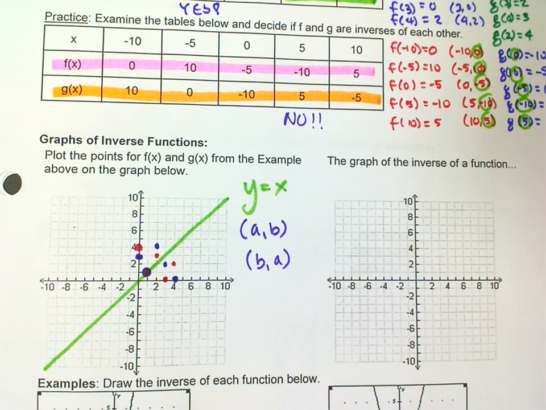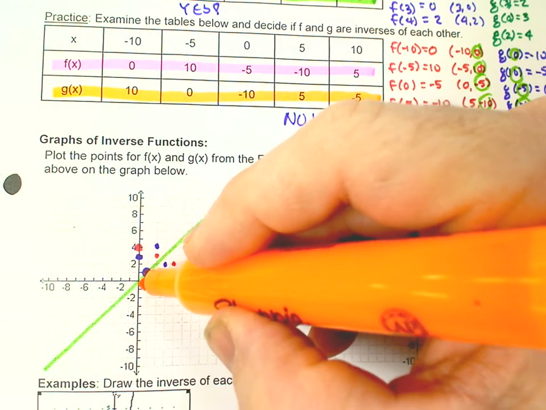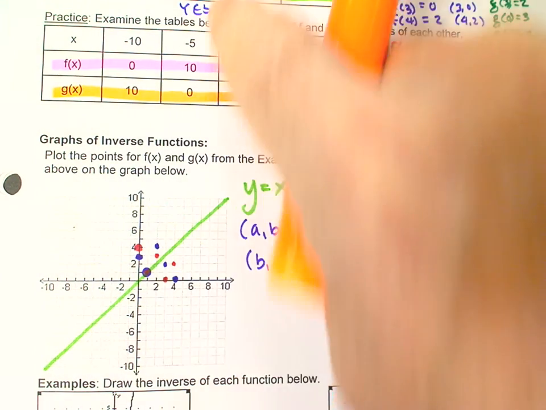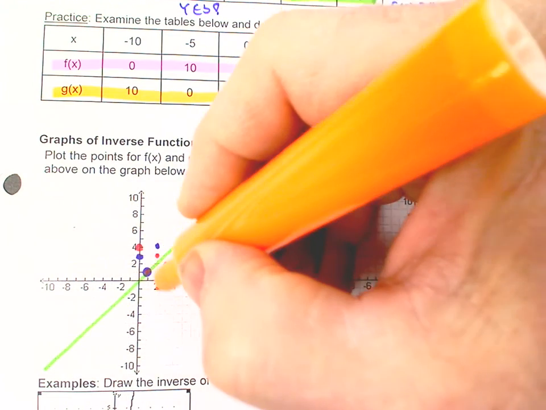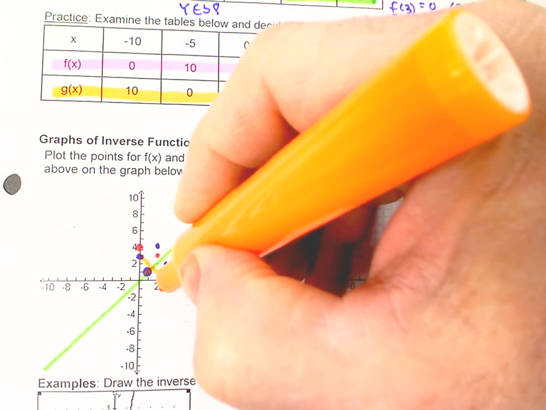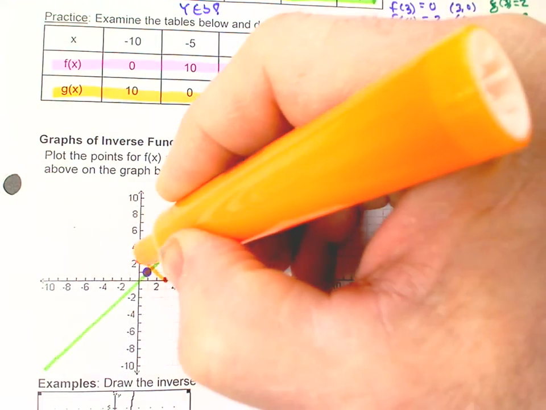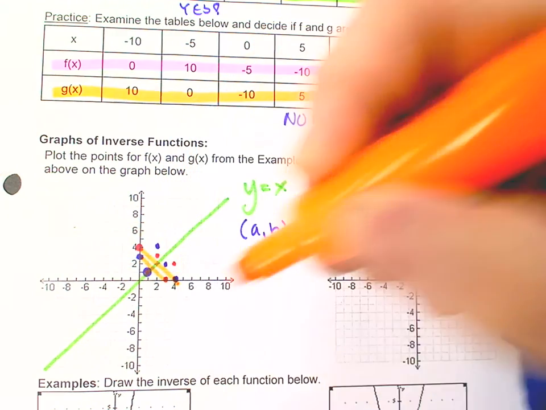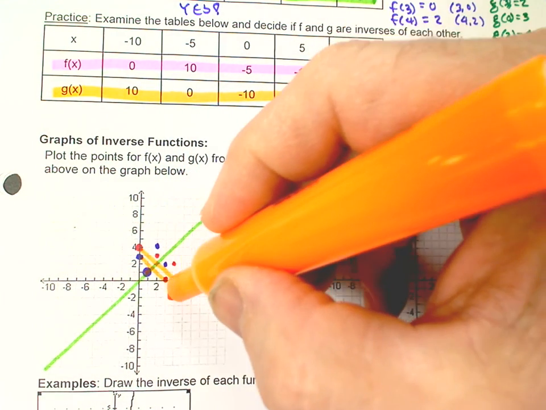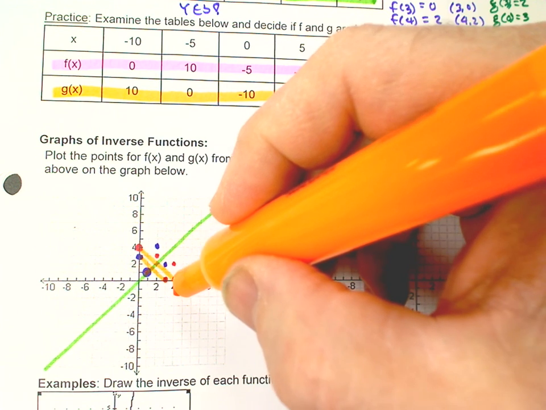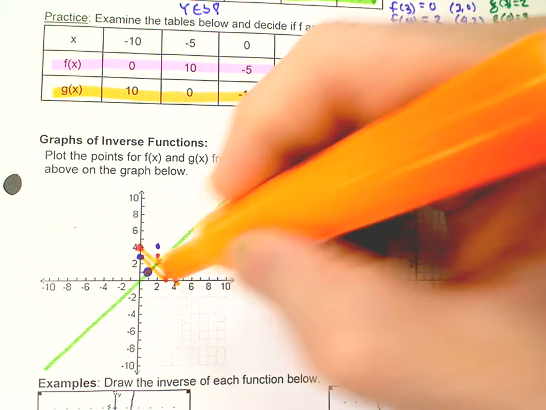Okay, so indeed we can check these, and you'll see that 1, 1 is on both of those, and it's on the line y equals x. And then we have corresponding 0, 2 and 2, 0, 4, 0 and 0, 4. We even have the points here that are 3, 2 and 2, 3.